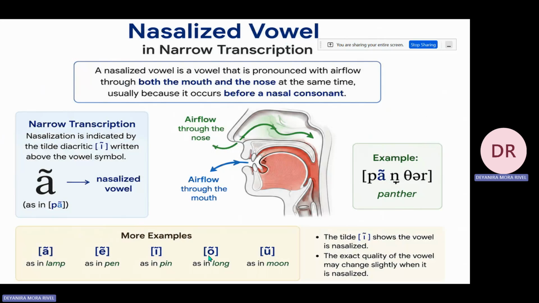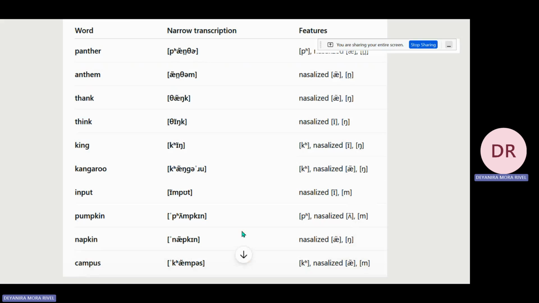Long, we would have actually a Latin A, and lamp would be a digraph. Okay, so this diacritic shows that this is an allophone of the vowel. So we have some examples here of how a word would be transcribed.